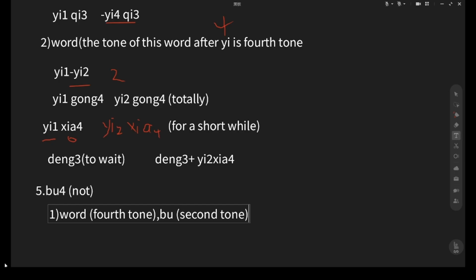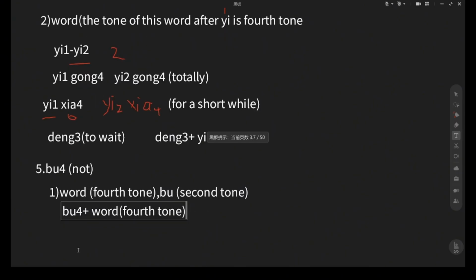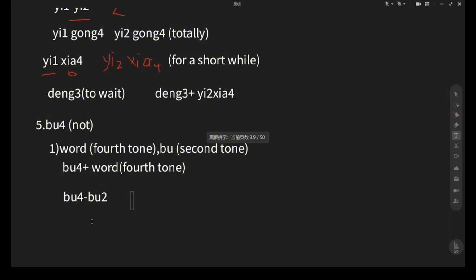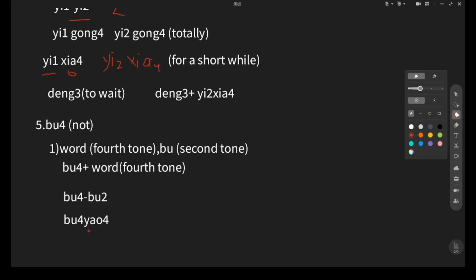Okay, for example, 不要. How to read this one?